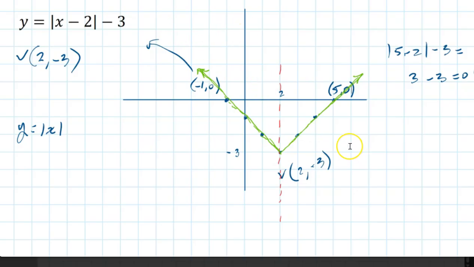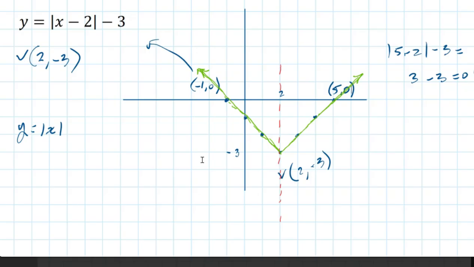So this is the graph of this absolute value function, where the parent function is y equal to absolute value of x, and we're using the graph from y equal to x. This is the absolute value of a linear function, right?